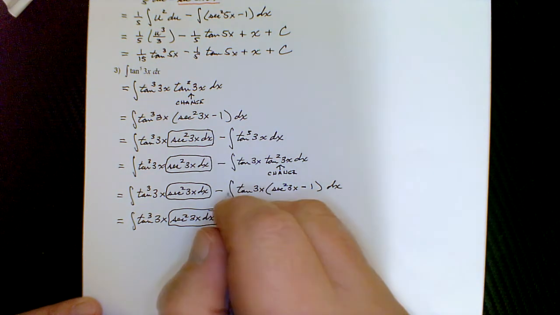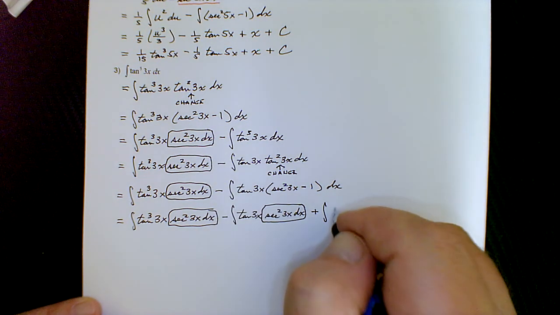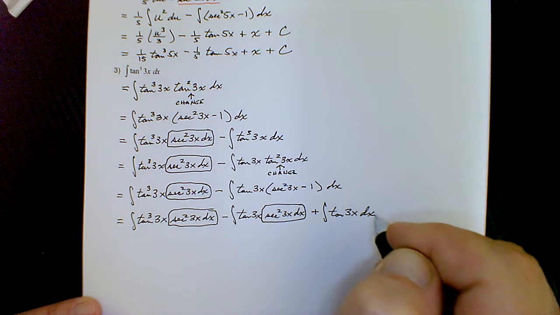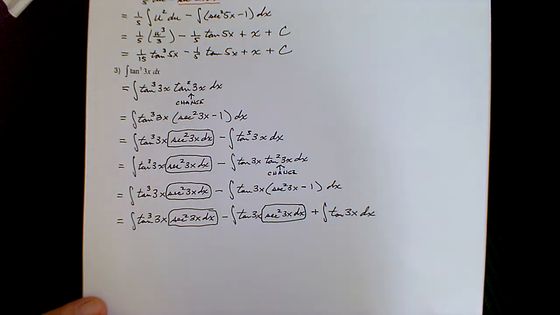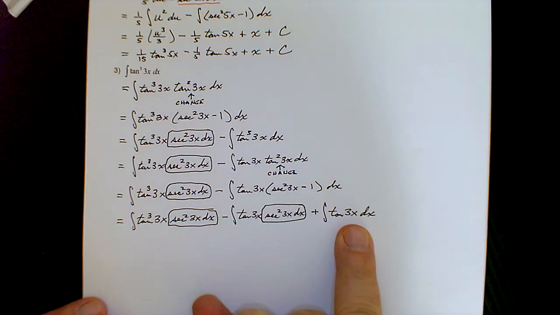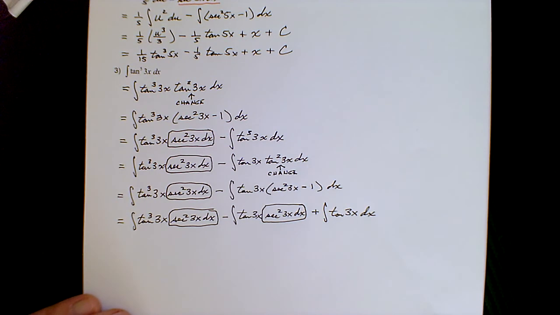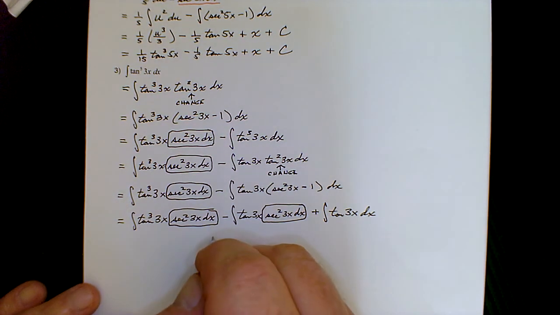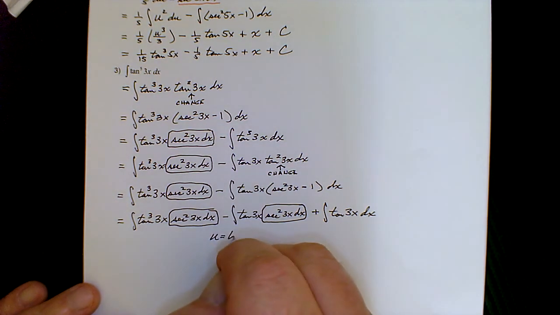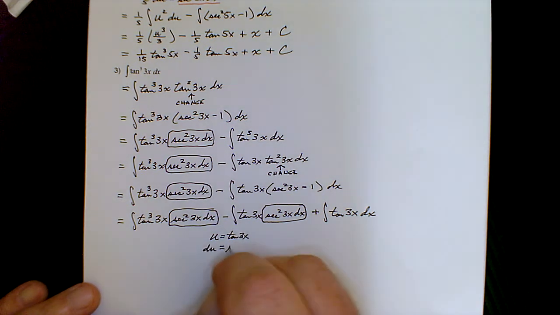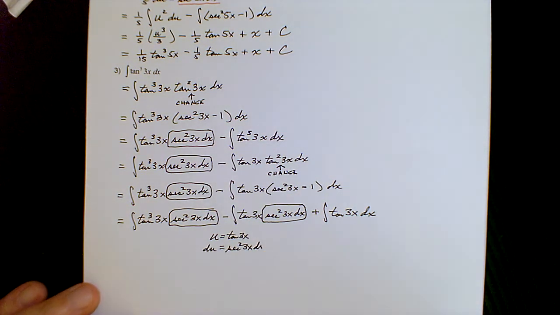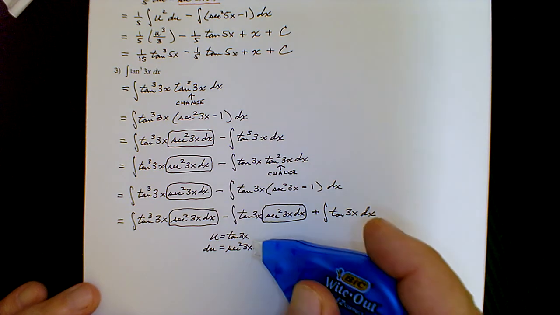Okay, so this tangent of 3x is readily integrable with respect to our special formula. And for these first two integrals, same u substitution. Pick u to be tangent 3x, du is secant squared 3x dx. Oops, forgot the 3. So times 3 differential dx.